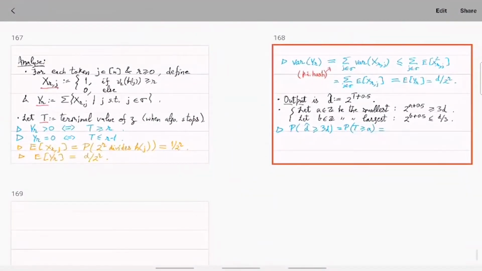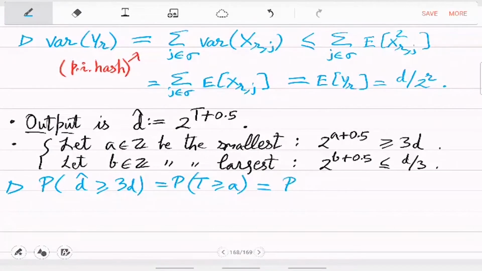If t exceeds a, then basically y a is positive, and positive means, since y a can only be an integer, it is at least 1. Now, what is the probability that this random variable y a is 1 or larger?